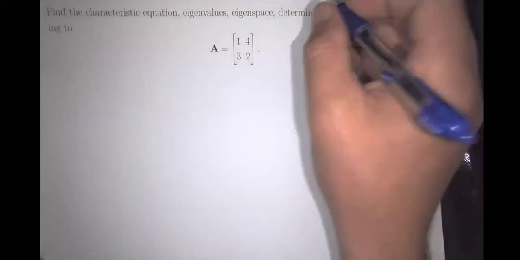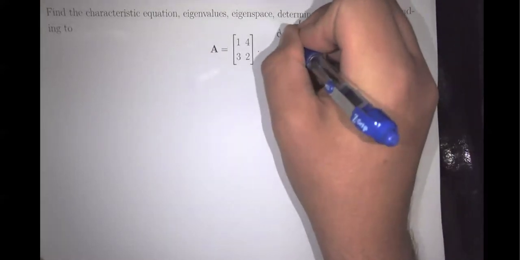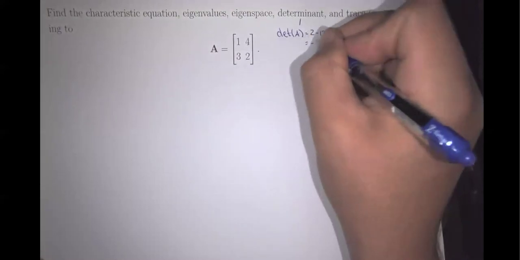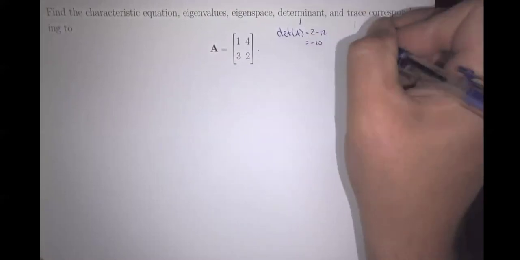In this example, we're going to find the characteristic equation, eigenvalues, eigenvectors, determinant, and trace corresponding to a given matrix. Well, let's first figure out the determinant and trace, since those are pretty easy in this case. So it's 2 minus 12, or negative 10 for the determinant.